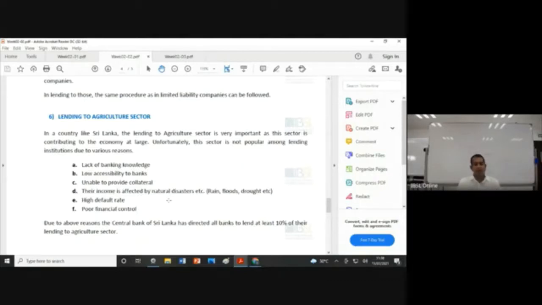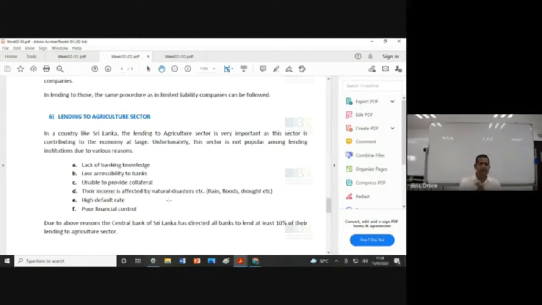Lack of banking knowledge, lack of accessibility to banks, unable to provide collateral, natural disasters. It rains, harvest gets affected; drought, harvest gets affected. All kinds of natural climatic changes will affect this segment.